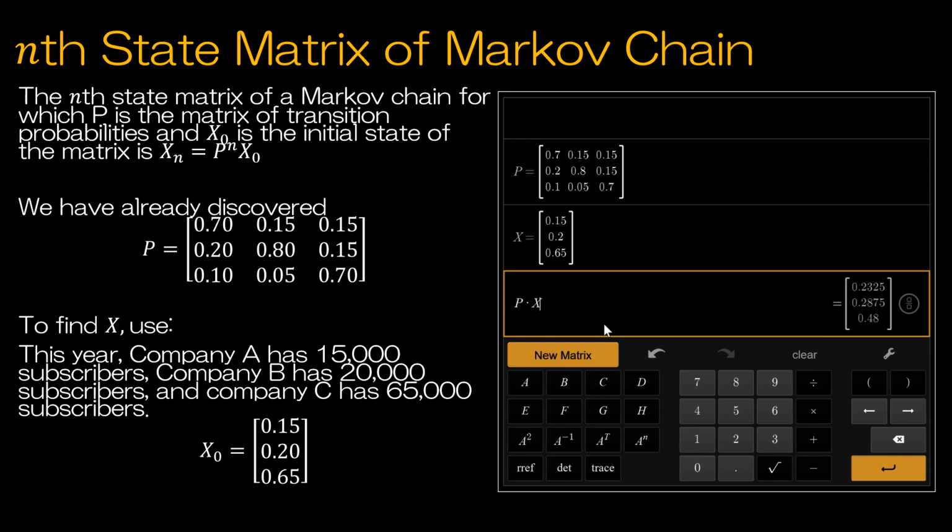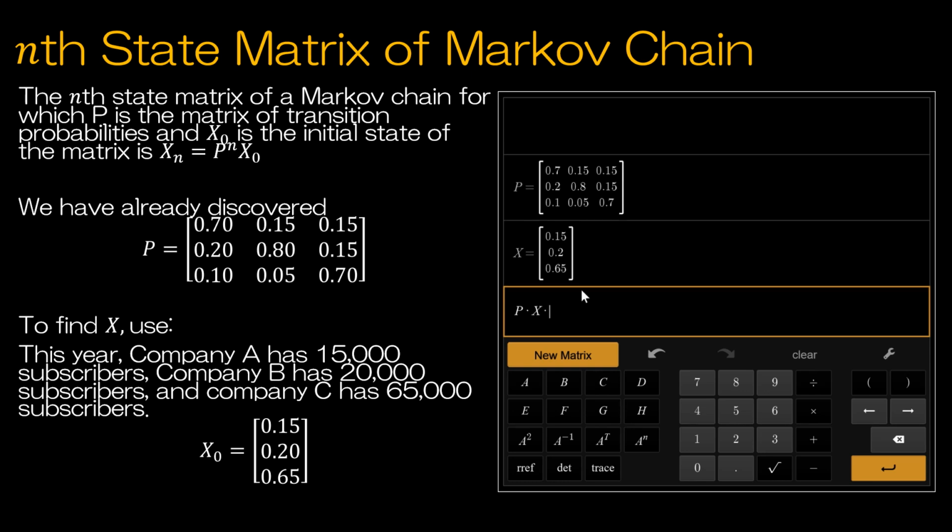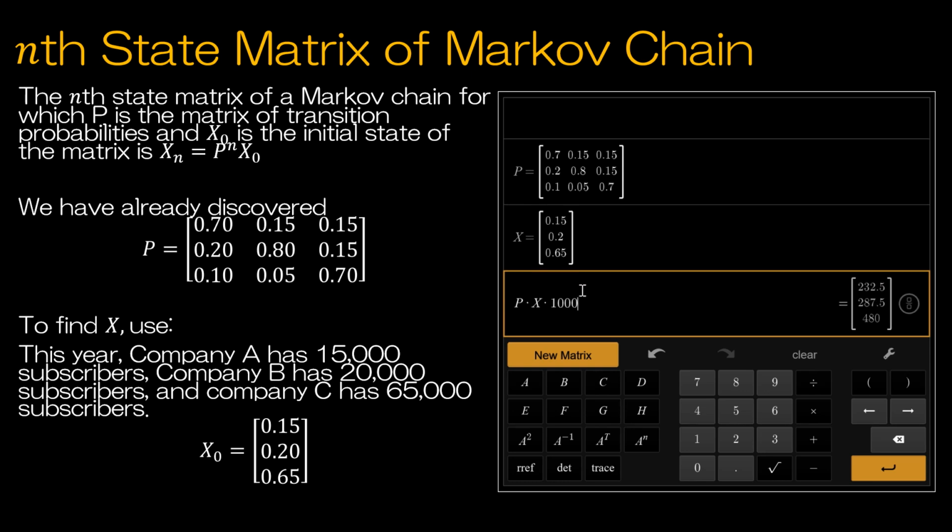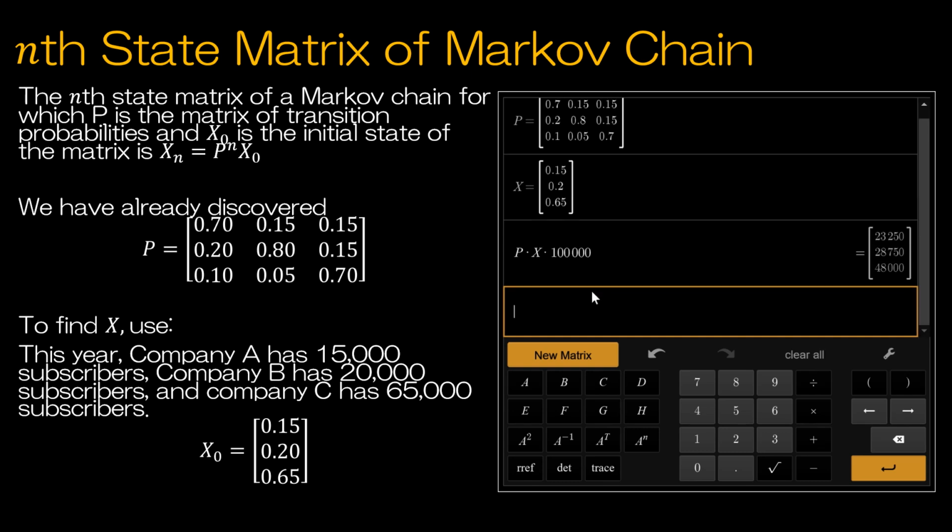Now, this value, I would then have to take times 100,000, and that would give me the actual value. If I don't take it times 100,000, that's giving me the proportions or percentages. But if I want to know the raw values, I'm going to take it times 100,000. That's at the first year.